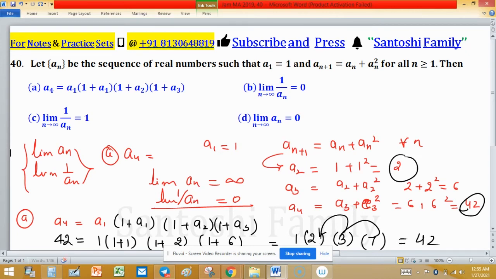It means the left hand side is equal to the right hand side. This one is true. So option A is true and option B. Both are true options. And option D is discarded because the limit of a_n is infinity and the limit of 1 upon a_n is 0. So option C is discarded from the limit of a_n.